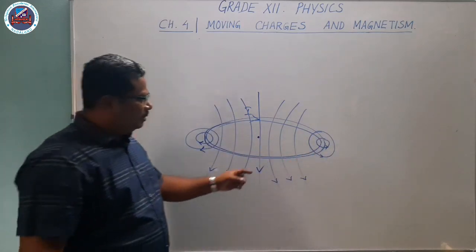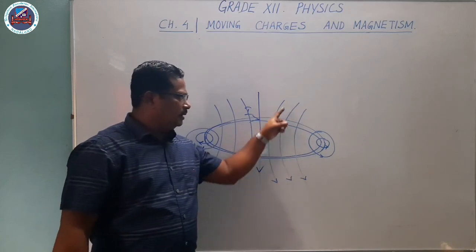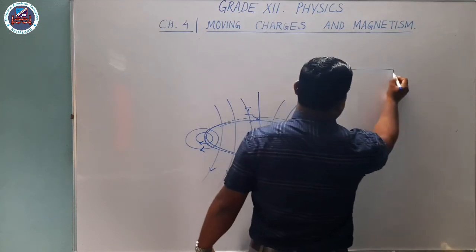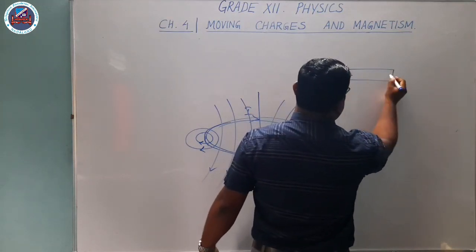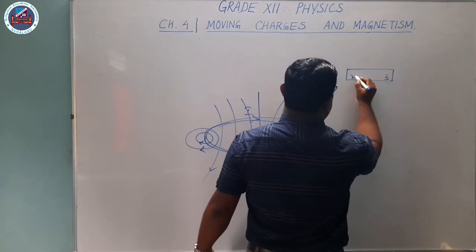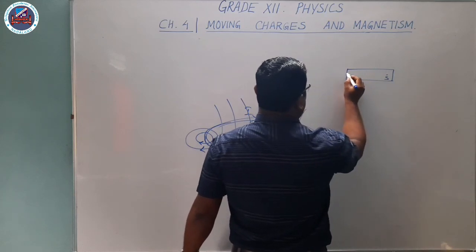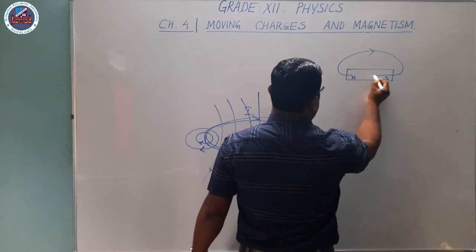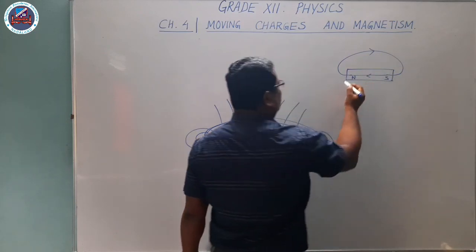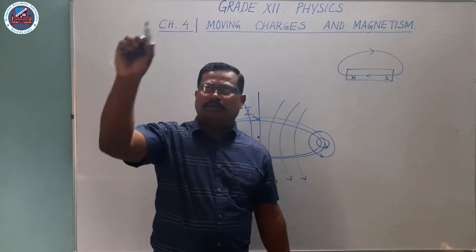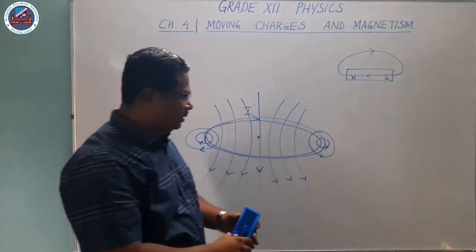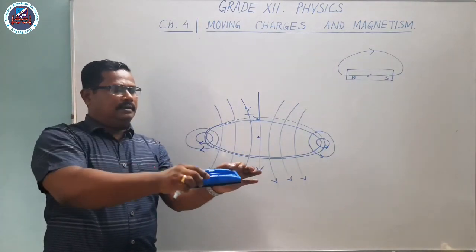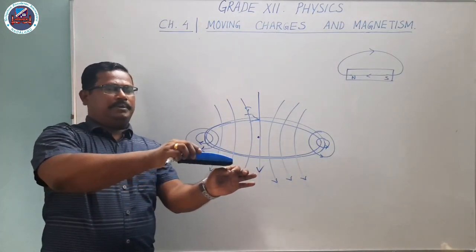You may think why these lines are curved, but we know from magnetism that if this is north and this is south pole, then the magnetic field line starts from the north and goes towards the south outside the magnet, but inside it goes from south to north. Magnetic field lines are closed curves. That's why when we take the ring like this, field lines from inside come outside in a circular pattern like this.